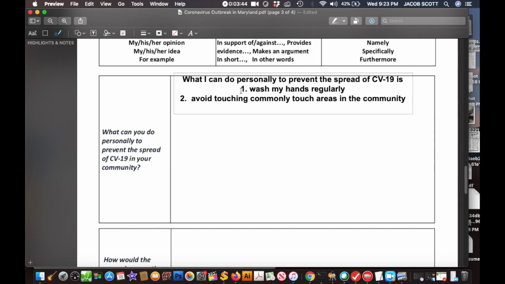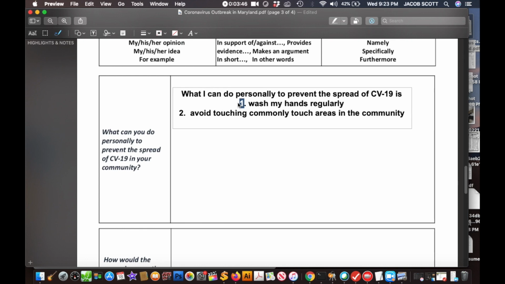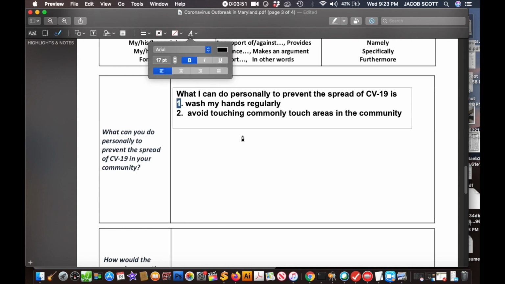I don't like how this is looking. I'm going to see if I can, yeah, I'm going to switch it. There we go.